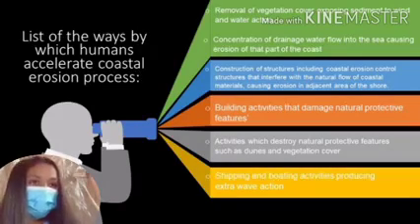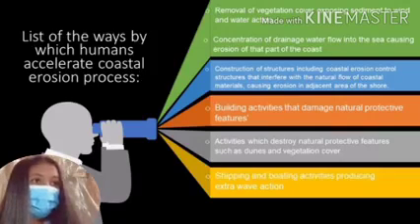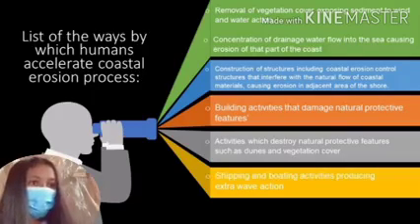Number 3, construction of structures, including coastal erosion control structures that interfere with the natural flow of coastal materials, causing erosion in adjacent areas of the shore.